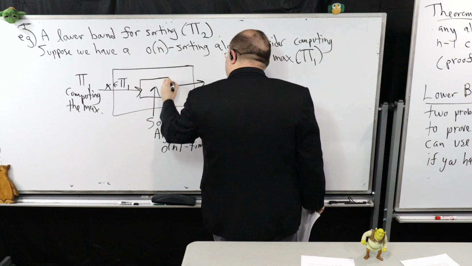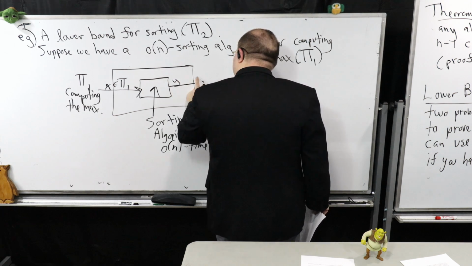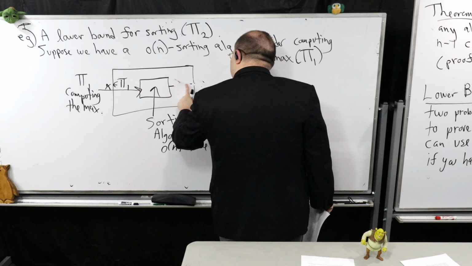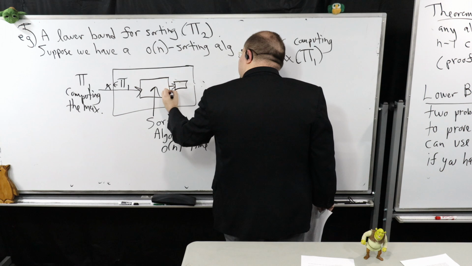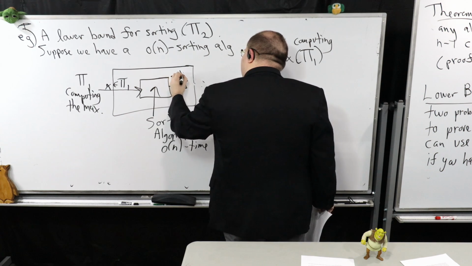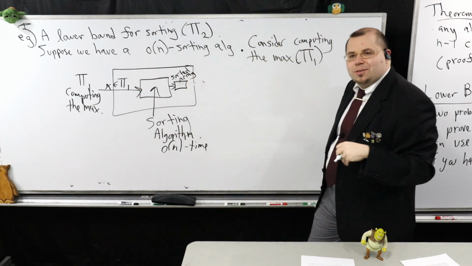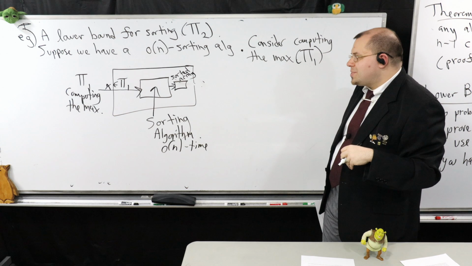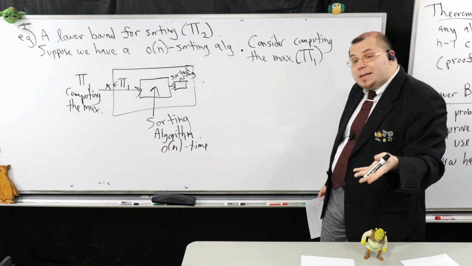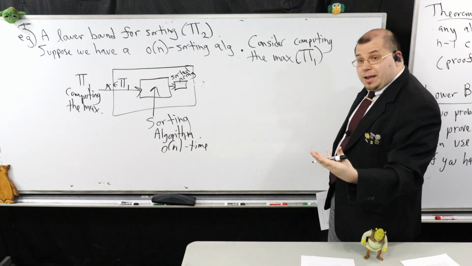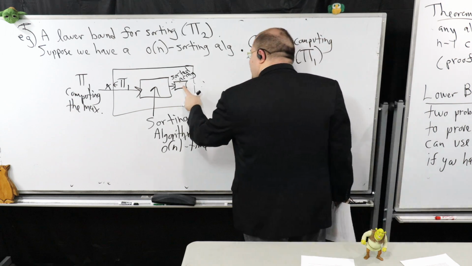Actually, let's draw a little box here. So this puts out a sorted array, right? That's what the sorting algorithm will do. Because you'd agree that for computing the maximum, the problem instance is just an array, right? So it outputs the sorted array.